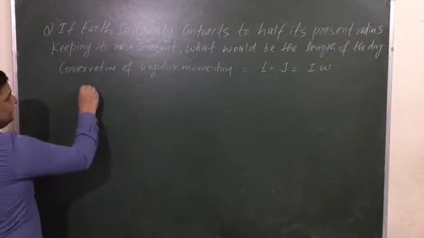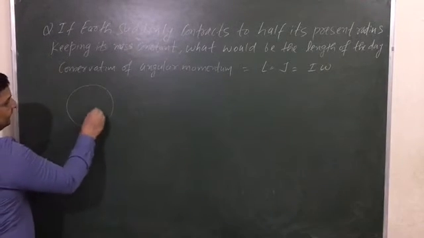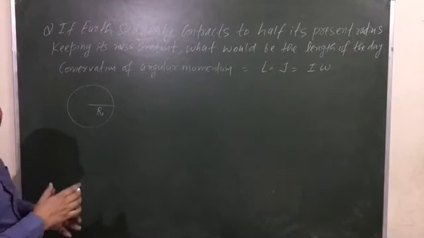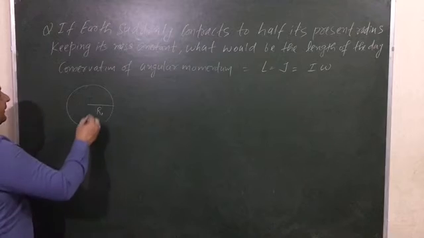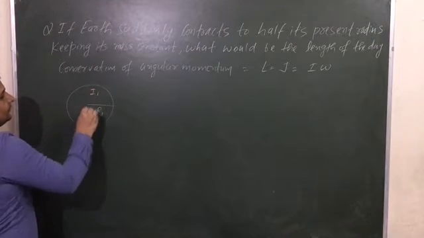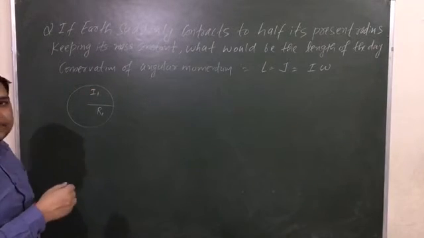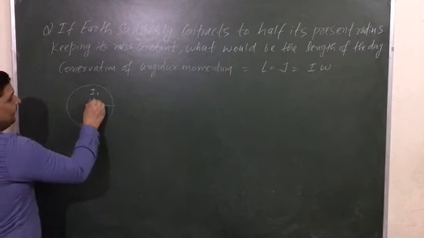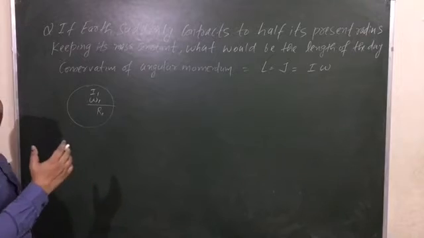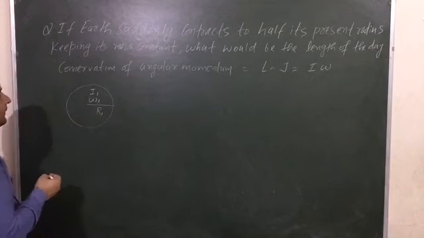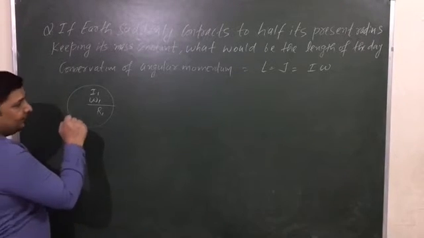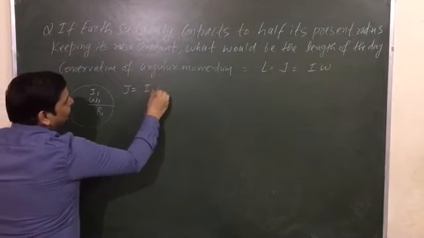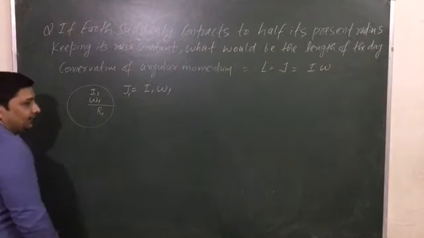In the first case, consider R1 the radius of the Earth and I1 the moment of inertia of Earth, omega 1 the angular velocity, and in the first case angular momentum is given by I1 into omega 1.